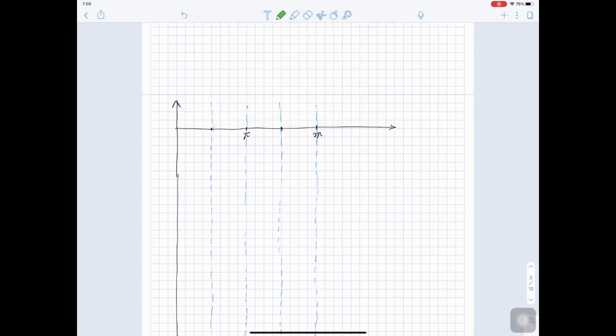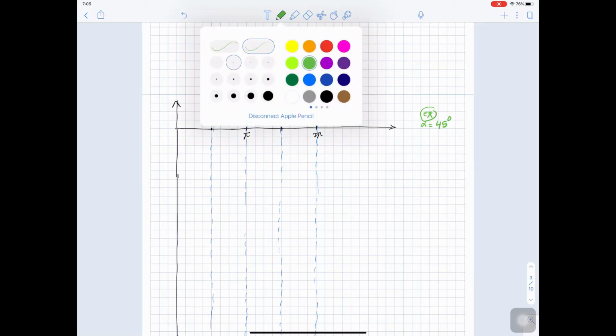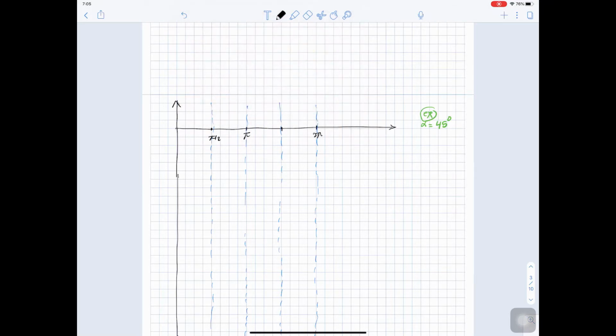We will sketch for alpha equal 45 degrees as an example. So here we have our pi over 2. So this is alpha equal to 45 degrees.